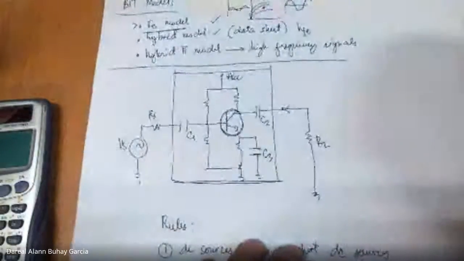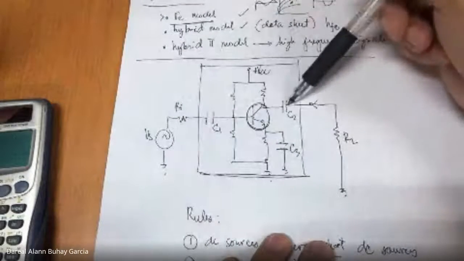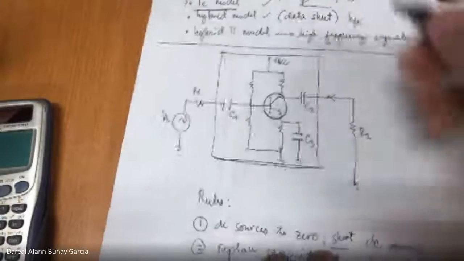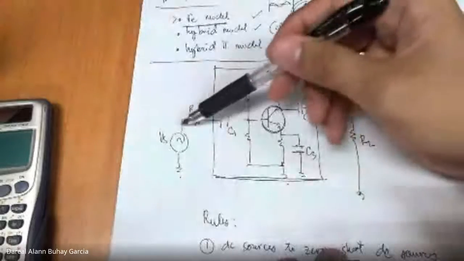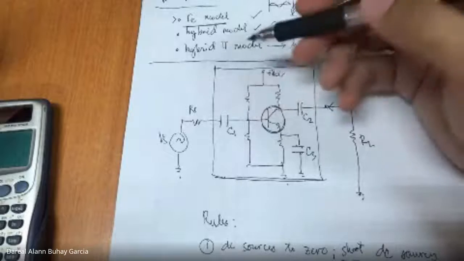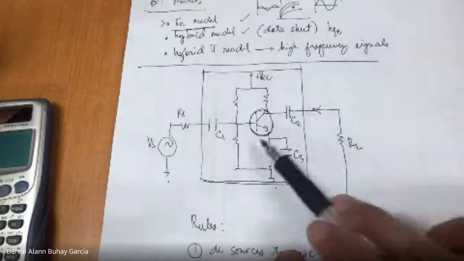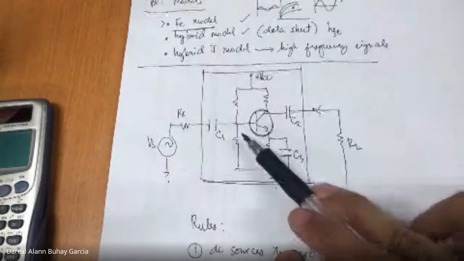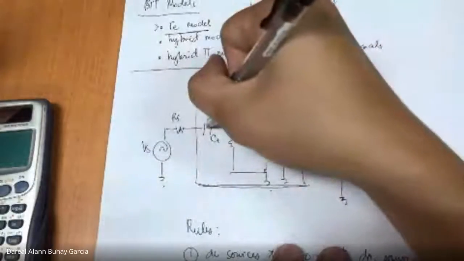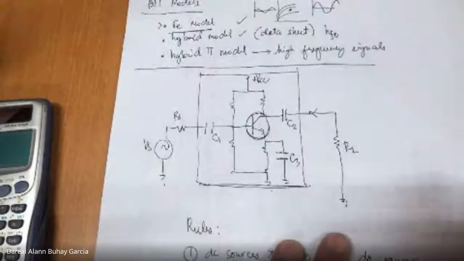Again, the purpose of capacitors in AC circuits is to block the DC signal, so if the source has a DC component, the capacitor will not pass it. So for AC analysis, we can short the capacitors. It has something to do with the reactance of capacitors.